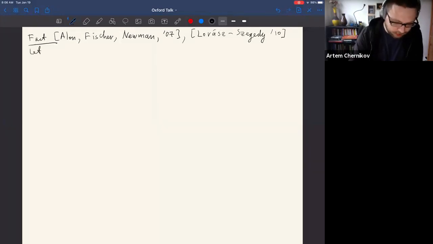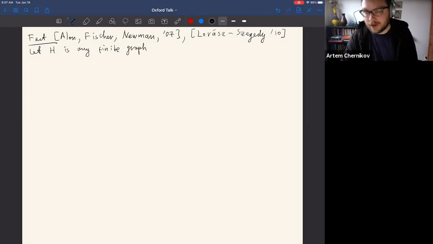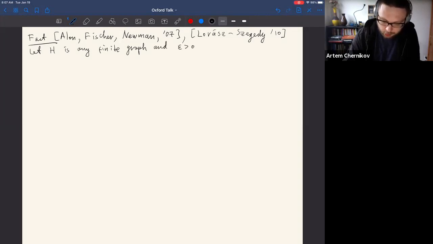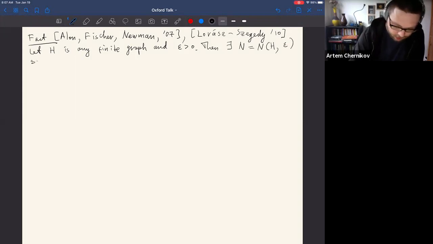So the theorem is as follows. Assume H is any finite graph, again in the sense that I defined on the previous slide, so it's a bipartite graph, and assume that epsilon is an arbitrary positive real number. Then there exists some natural number n depending just on these two parameters, the finite graph H and the positive real number epsilon, which satisfies the following.